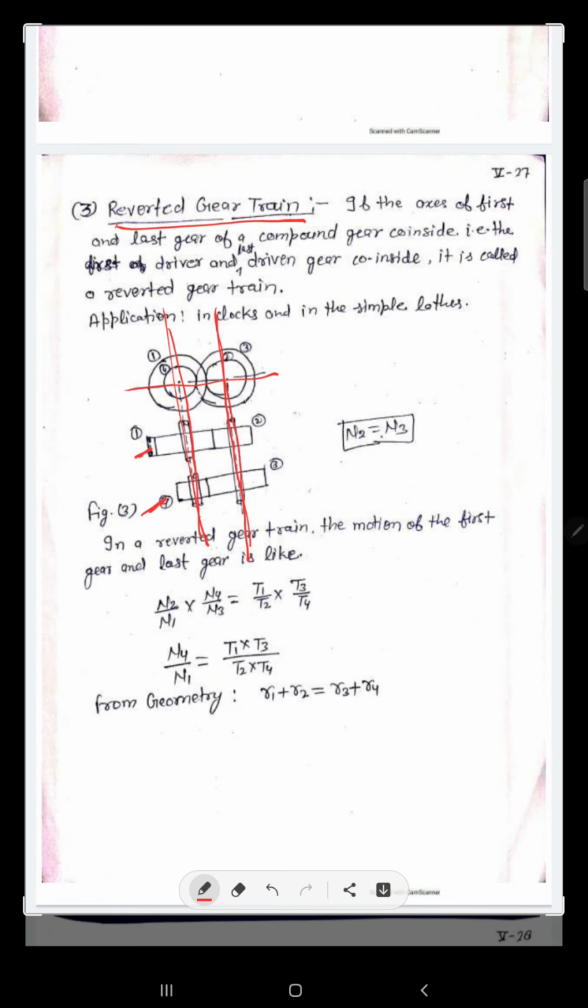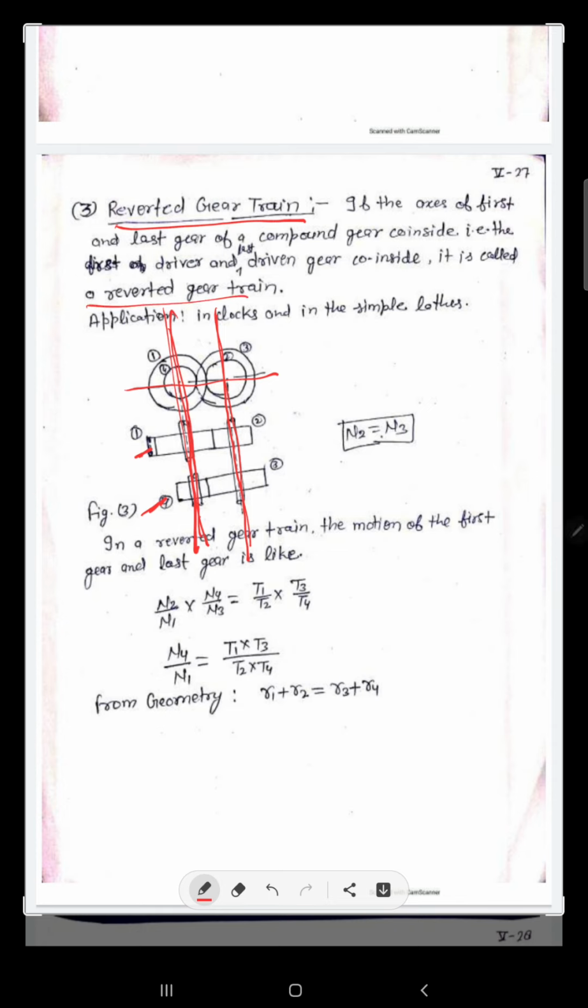The first gear is gear number 1 and the last gear is gear number 4. Their axes are coinciding, not contacting each other. Then the driver and driven gear coincide, and it is called a reverted gear train.